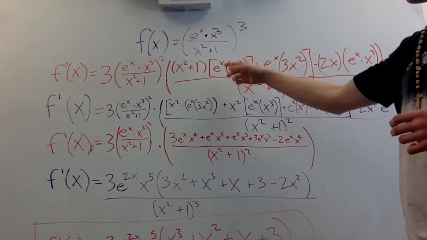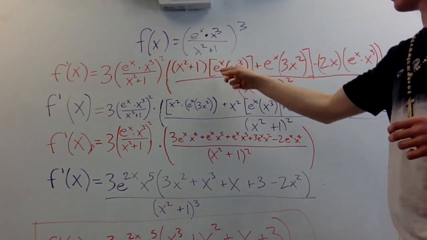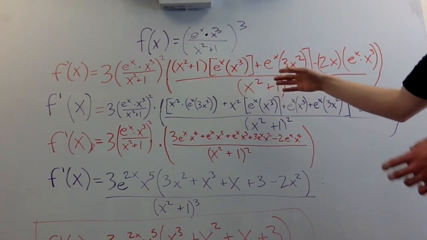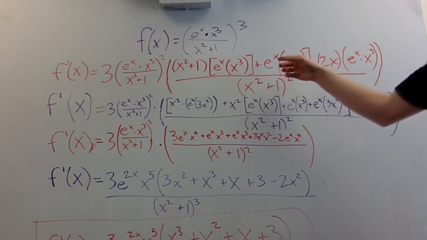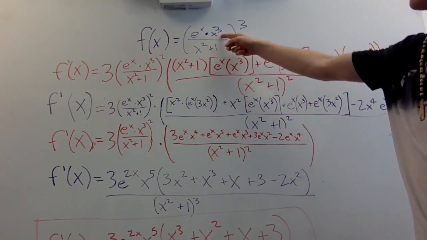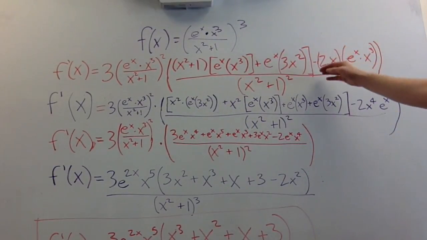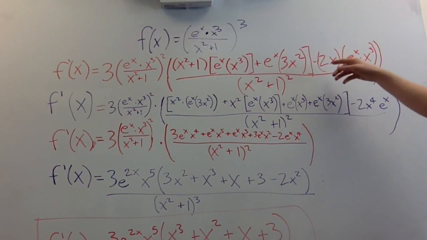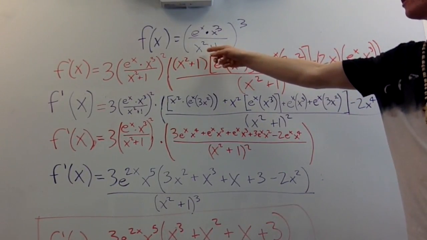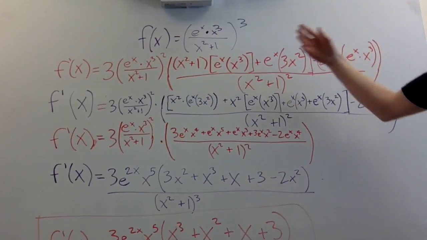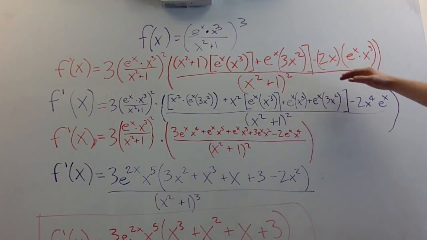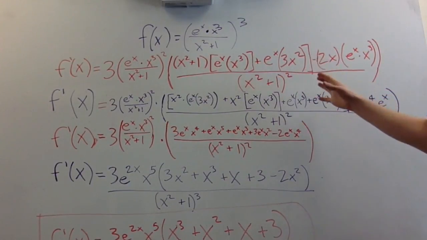So we just multiplied the derivative of e to the x, which is just e to the x, by x to the third, and that bracket, and then added that to e to the x times 3x squared, so that's e to the x times the derivative of x cubed, end of the bracket, and then subtracted by 2x, which is the derivative of the bottom function using the power rule, multiplied by just the top function, e to the x times x cubed, and then that's all over x squared plus 1 squared.